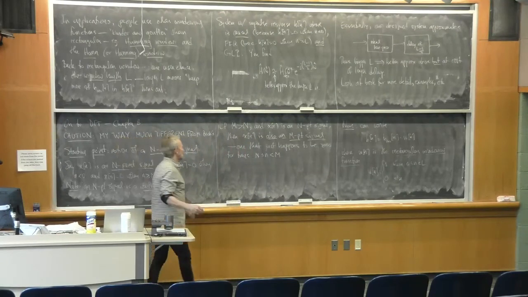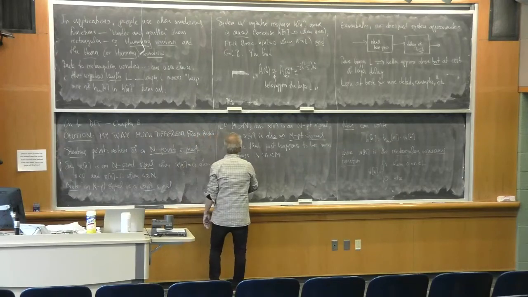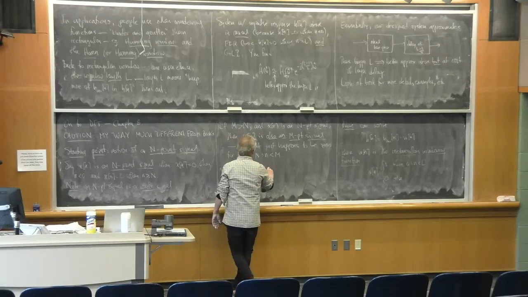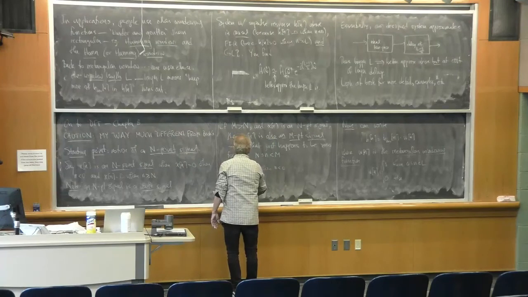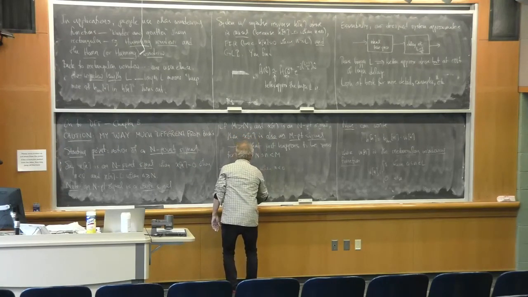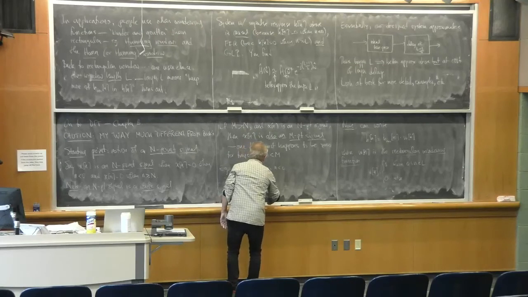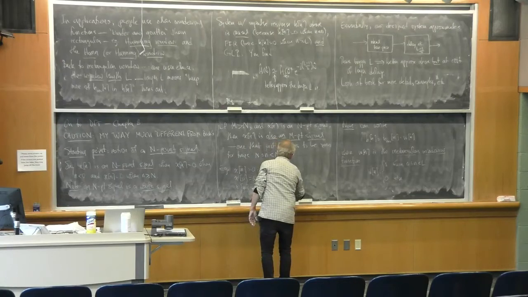All right, so let's do some examples. For example, how about x of n is given as follows. X of n is 0 when n is less than 0. X of 0 is 3. X of n is equal to 0 when 1 is less than or equal to n less than, say, 7.